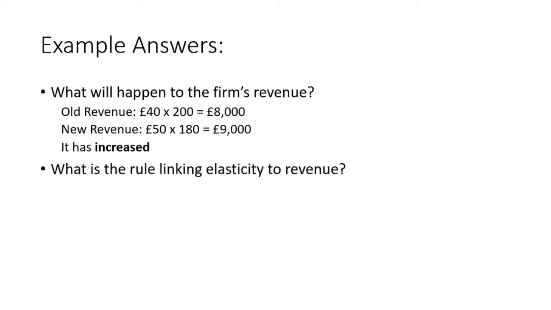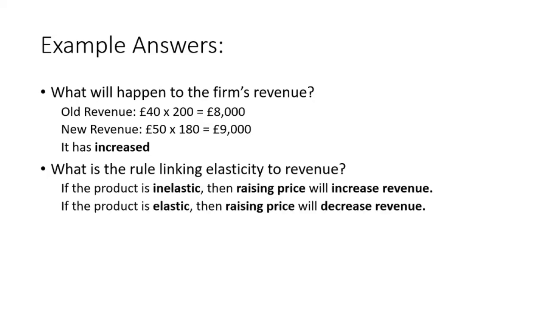Therefore the revenue has increased. So what is the rule linking elasticity to revenue? As we've seen, we had an inelastic product and we raised the price. So if the product is inelastic, raising the price will increase revenue. If the product is elastic, then raising the price will decrease revenue.